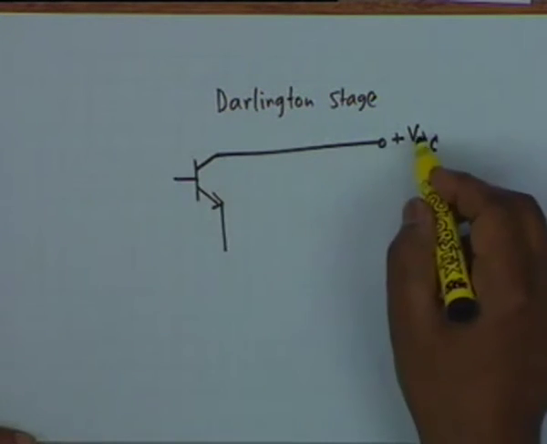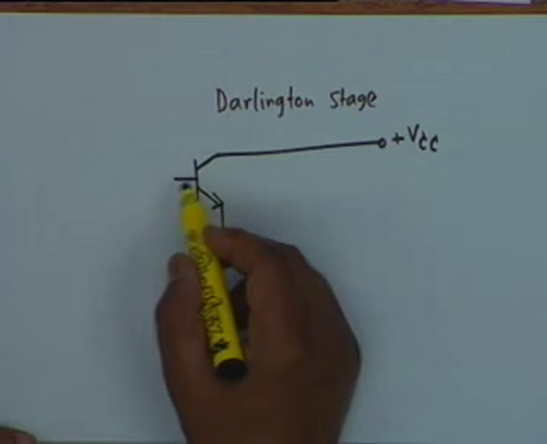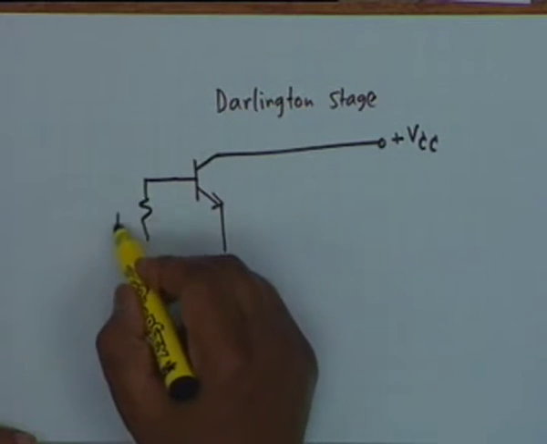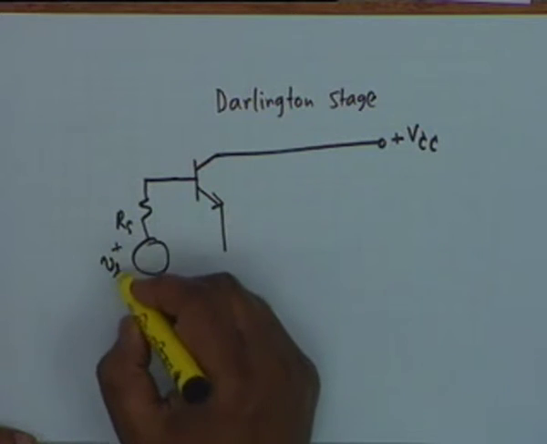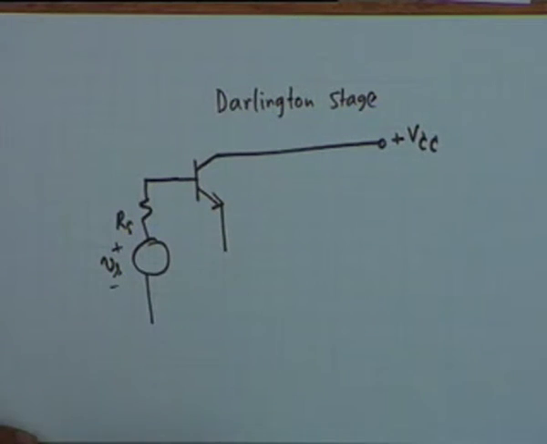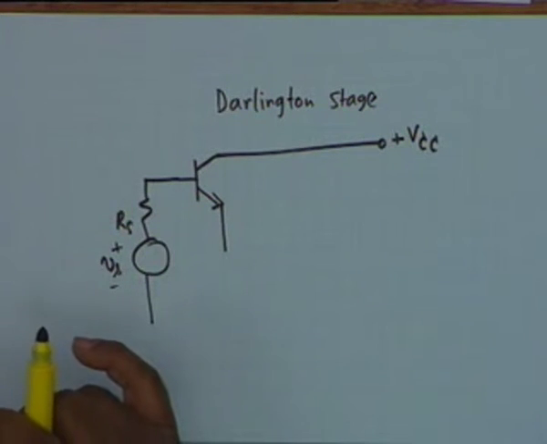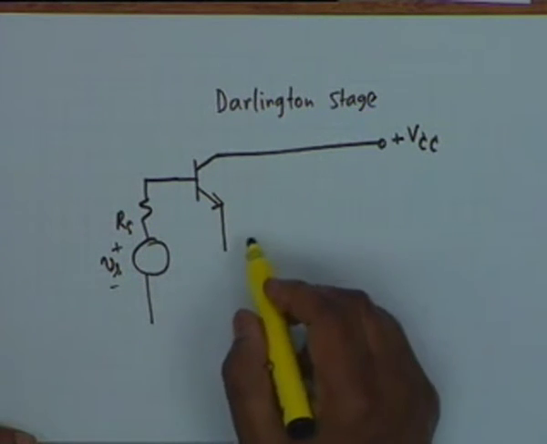The collector is connected directly to VCC, and you apply an RS and a VS here. This is the source.